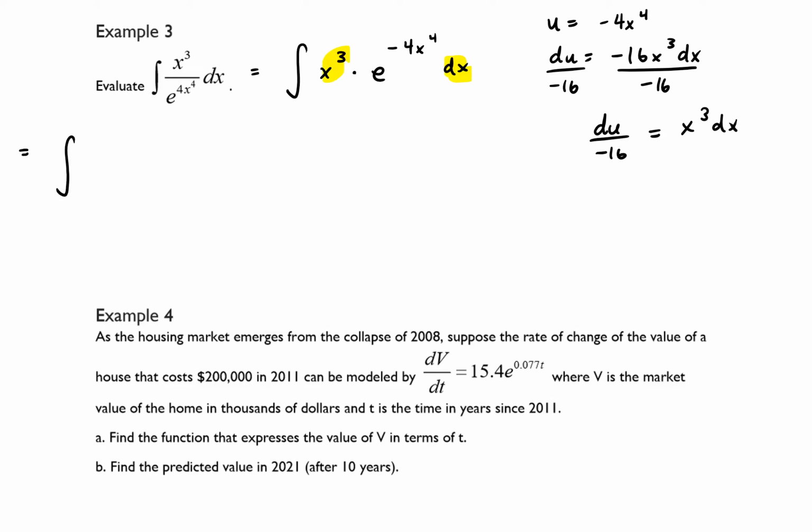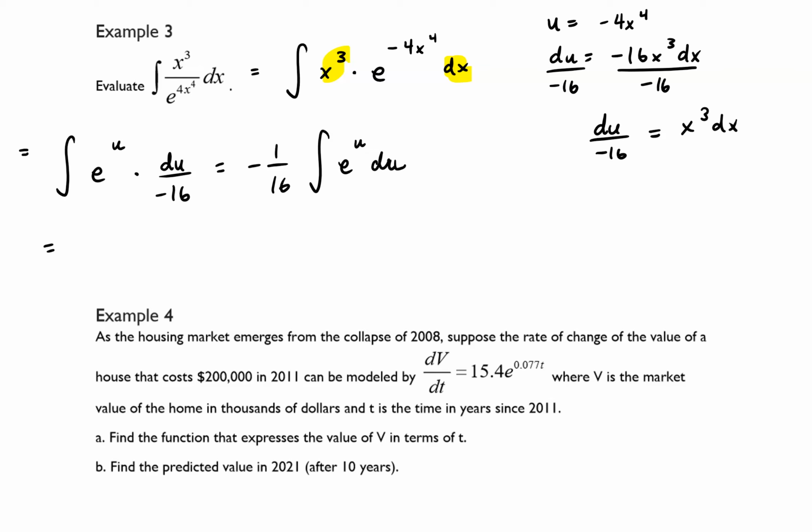So our integral now will be equal to e to the u times, and then I can just substitute in the du over -16, and I'll rewrite that as -1/16 times the integral of e to the power of u du.